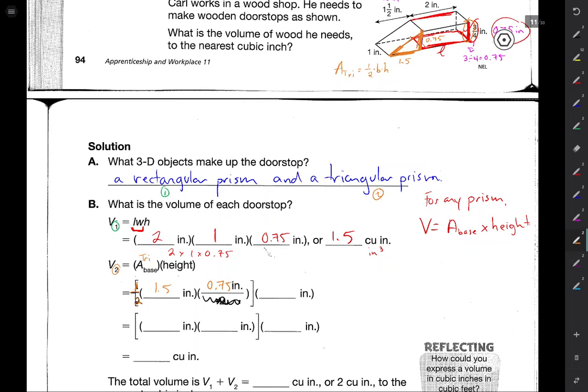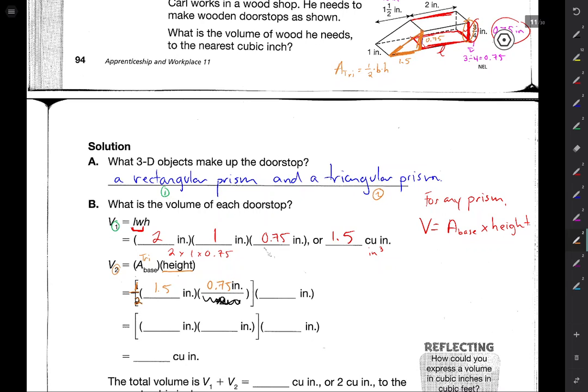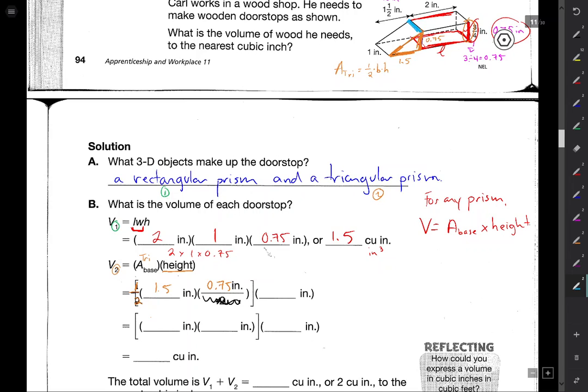And then finally, we need to multiply that by the height of the entire prism. So remember, the height of a triangular prism would be this length right there. Imagine it was sitting on this triangle on the base, and this would be the height pointing upwards towards the sky. So the height would just be 1, because that's the measurement down there. So we could skip over the step here, and in our calculators, we're going to put 1/2 times 1.5 times 0.75 times 1.